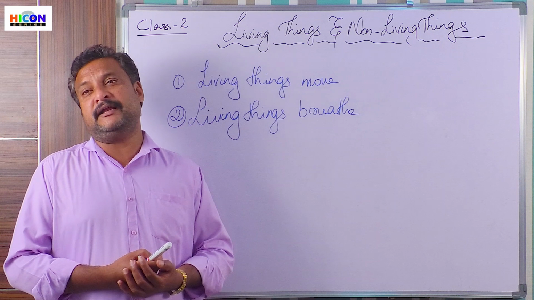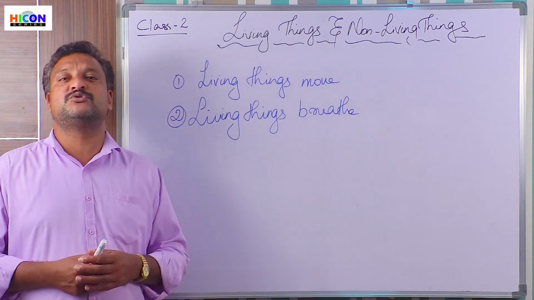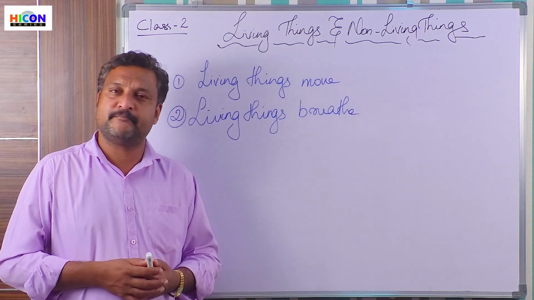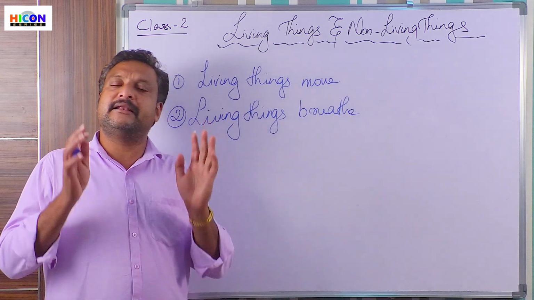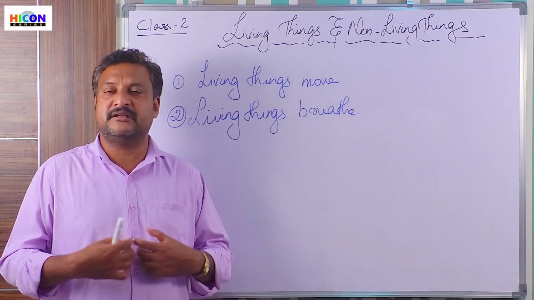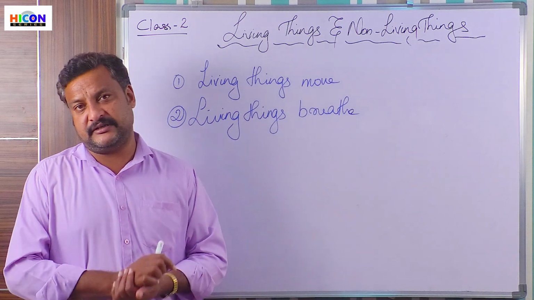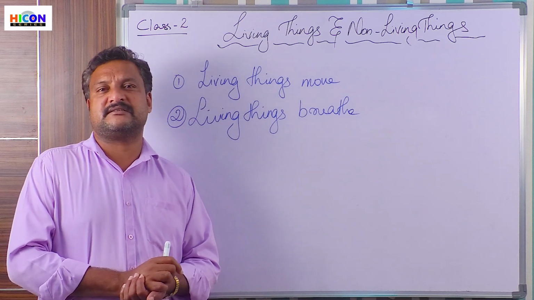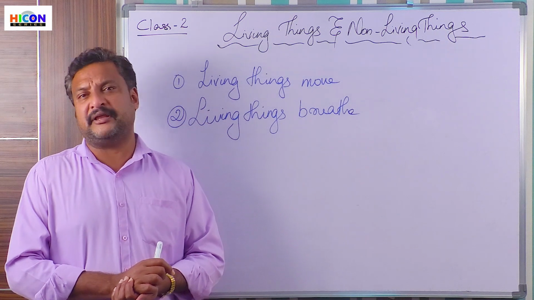And the aquatic animals or the water animals usually breathe through the gills. So all animals have this speciality that they breathe in oxygen and breathe out carbon dioxide. So all birds, animals, insects, everything breathe.